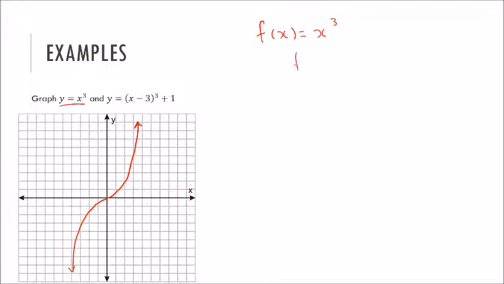Now, a question to ask yourself: if I had x minus 2 in here, if you can remember what the first topic said, it's going to end up being f of x shifted to the right 2.